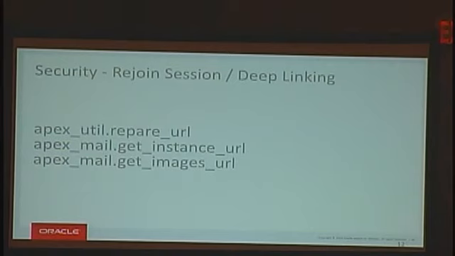Yes? So, Patrick, we often are sending emails from a background process that is scheduled and it's outside of Apex context. There it's a little bit more complicated. I think there are some OTN forum postings out there where you can initialize an Apex session context so that those functions do work, because there has to be some security in place so that not anybody can call those APIs to generate valid checksums.